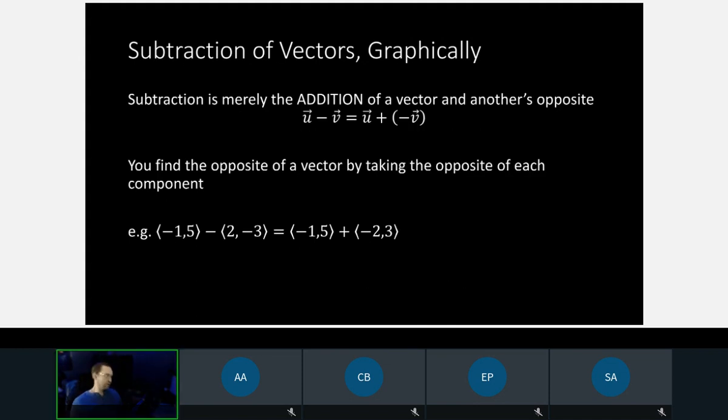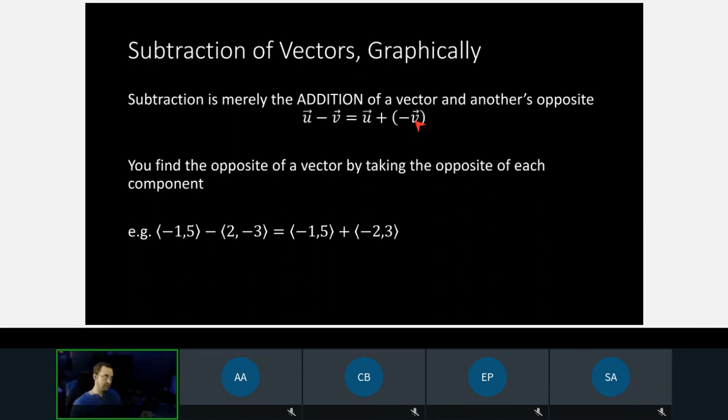Okay, subtraction. So I talked about earlier on a previous page that whenever you have the subtraction of 2 vectors, you always want to make it into addition. So even though we're subtracting, distribute the negative to this vector and then make it the addition of two vectors, and then it's the exact same thing graphically. So the head to tail and the parallelogram, it has to be the sum of 2 vectors.